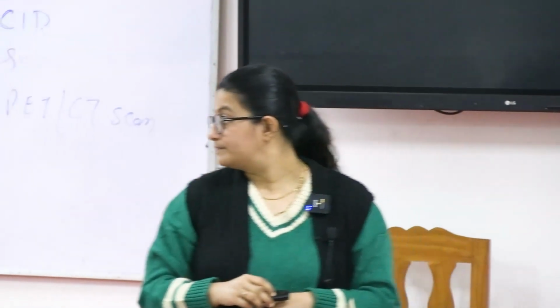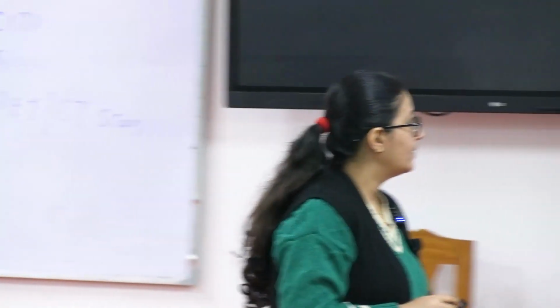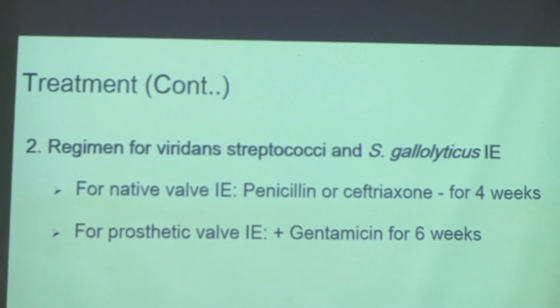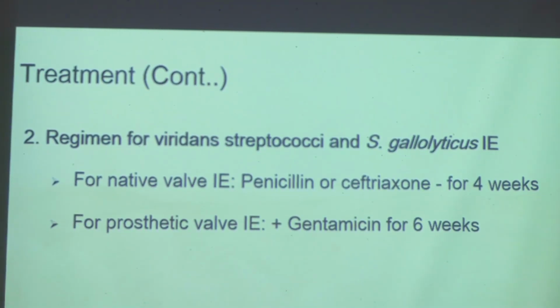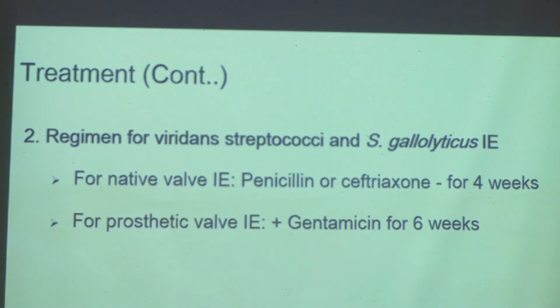Okay, if it's a prosthetic valve, what was the common organism? CoNS. For CoNS, you have to start with rifampicin and gentamicin. Then for some other variants like Viridans and Streptococcus gallolyticus, we will go for penicillin or ceftriaxone.